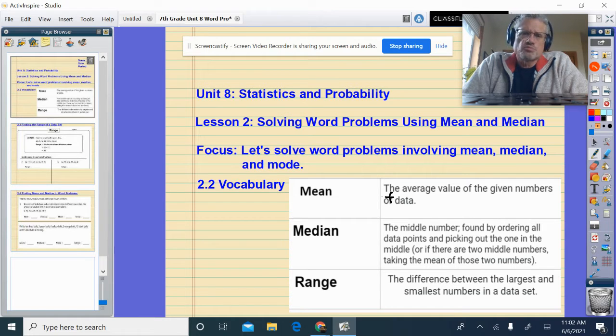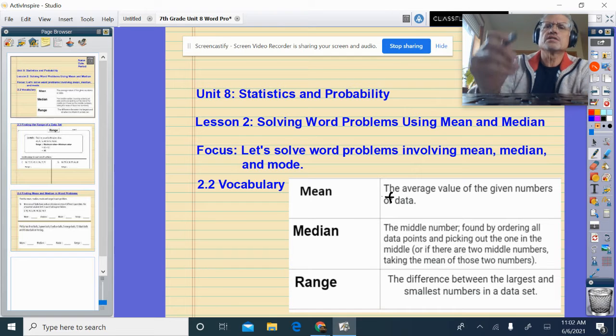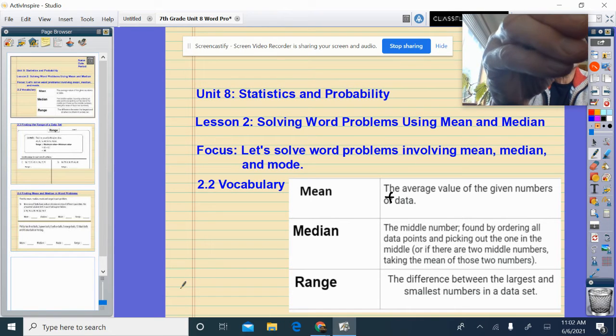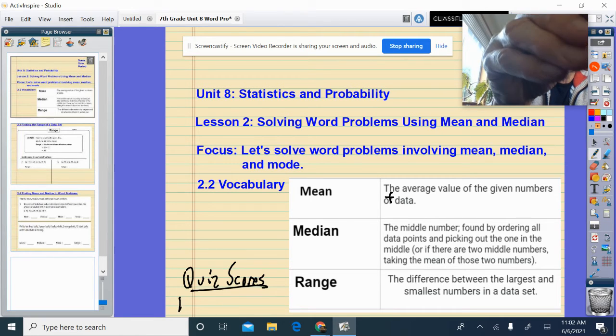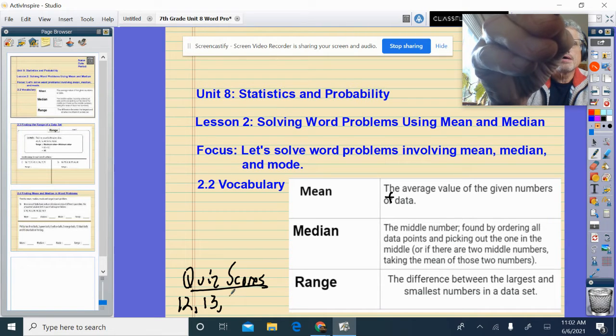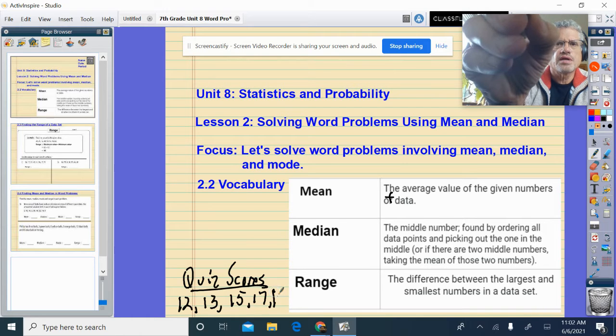And here's a new concept, range, the difference between the largest and the smallest numbers in a data set. For example, say I had quiz scores again, like we did the other day: 12, 13, 15, 17, and 19.